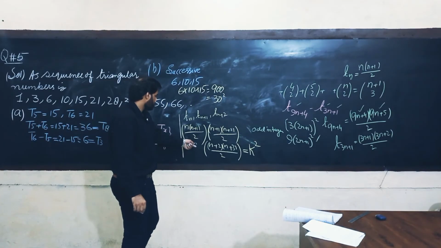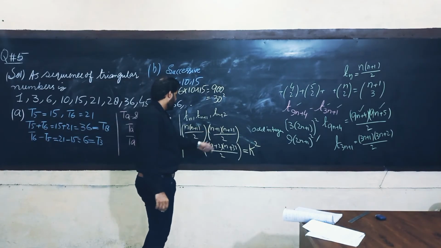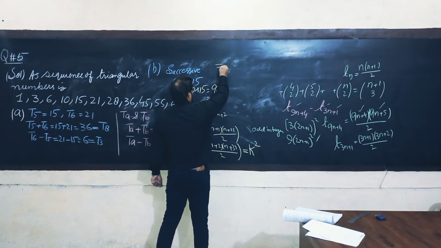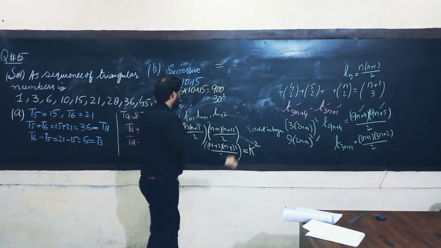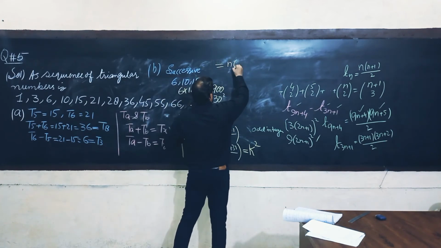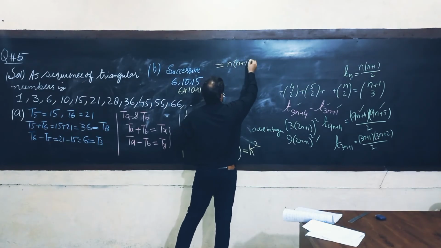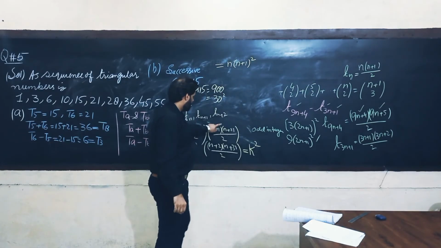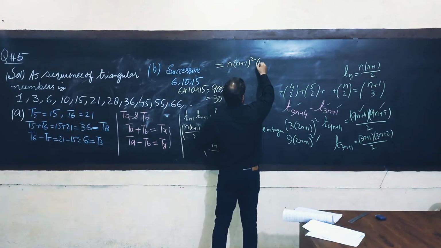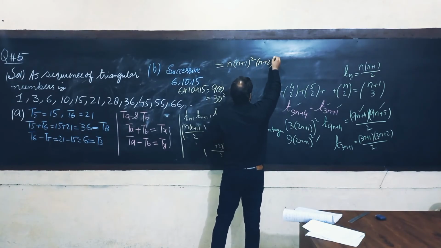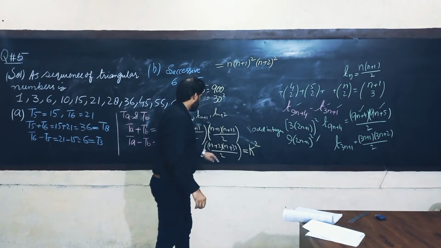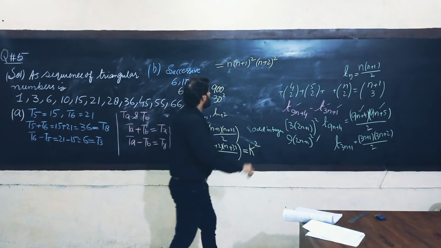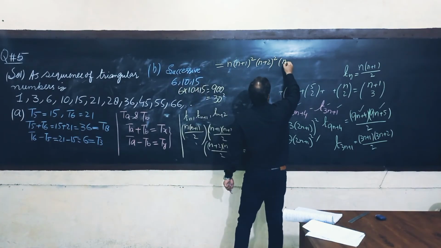Now, this can be written as n(n+1) whole squared, (n+2) whole squared, into (n+3).